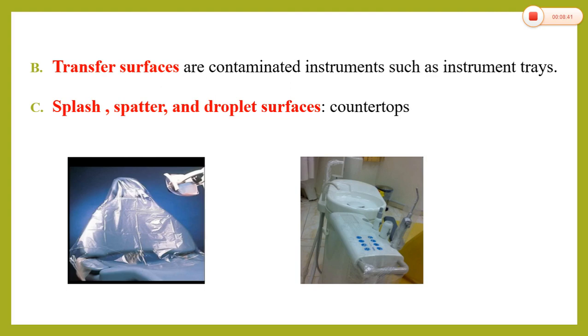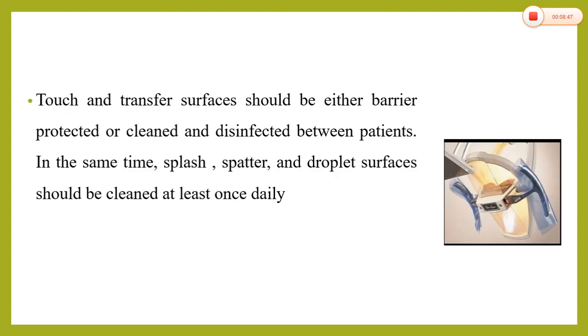Splash, spatter, and droplet surfaces, countertops. Touch and transfer surfaces should be either barrier protected or cleaned and disinfected between patients. At the same time, splash, spatter, and droplet surfaces should be cleaned at least once daily.